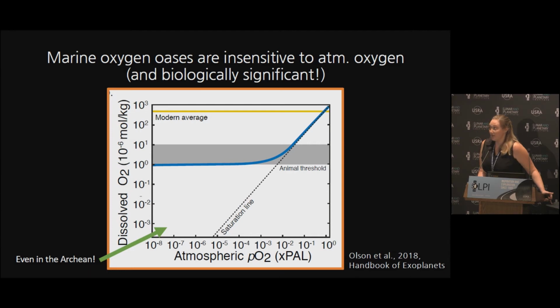And you can see that it compares favorably with the oxygen concentrations predicted in our models of the ancient ocean. And so an implication here is that biologically significant oxygen can exist on a large scale in the absence of detectable atmospheric oxygen.